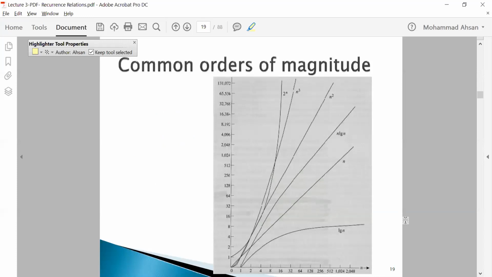You can try putting powers of two values in all these functions and see that beyond n equal to 8, I think all of these follow the same order. So log n is less than n is less than n log n, which is less than n square, which is less than n cube, which is less than 2 to the power n.